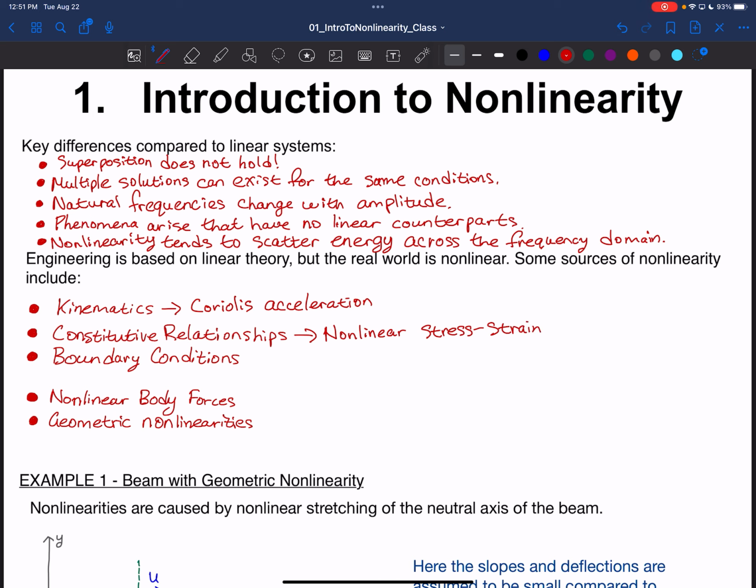That might include plasticity, but it also may not be a plastic response. It may just be nonlinear in an elastic region. A lot of boundary conditions lead to nonlinearity, although boundary conditions themselves don't really exist as we model them.